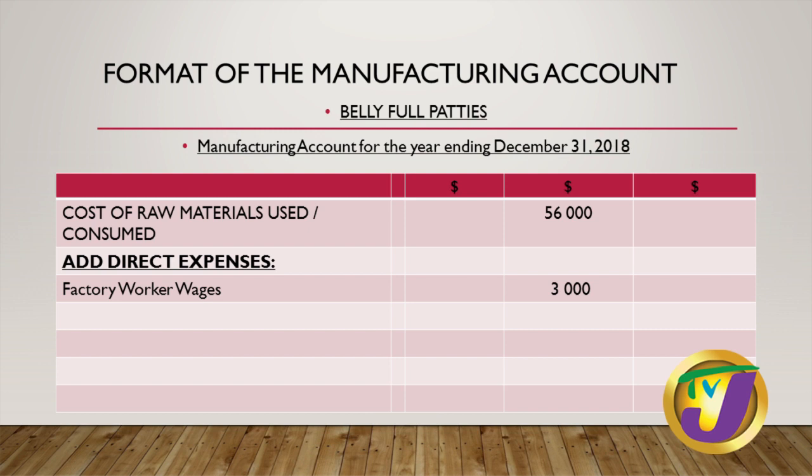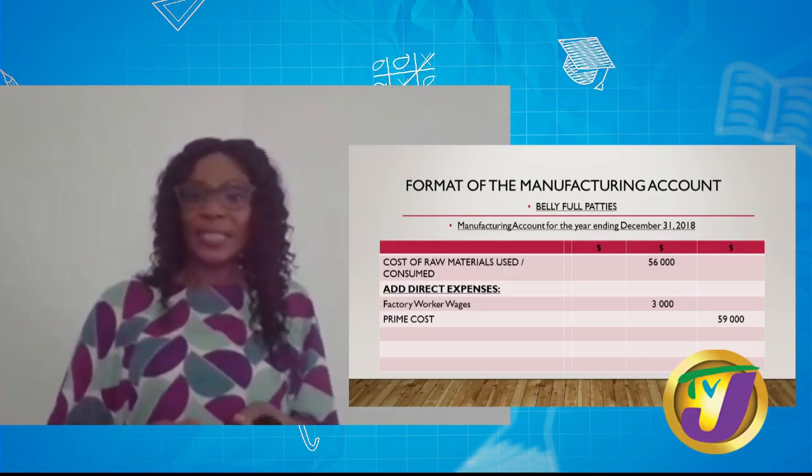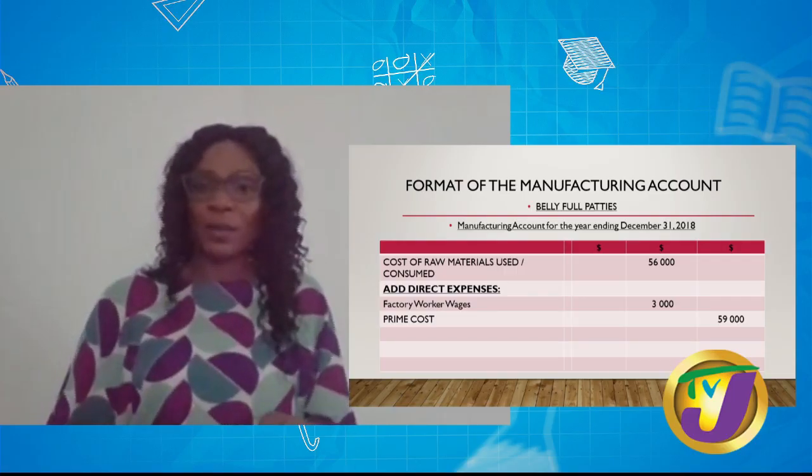We're going to add our direct labor or factory worker wages to our cost of raw materials used or consumed. When we do that, students, we will get our prime cost. So catch it again. We move from the cost of raw material used to adding our direct expenses, and that will give you your prime cost.